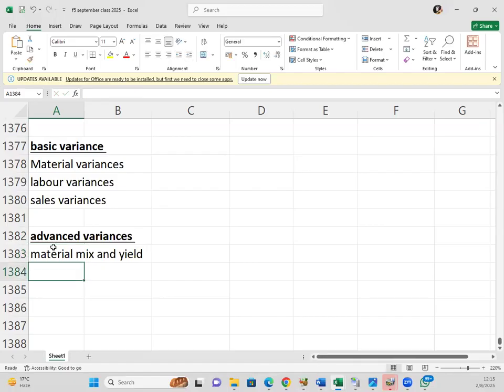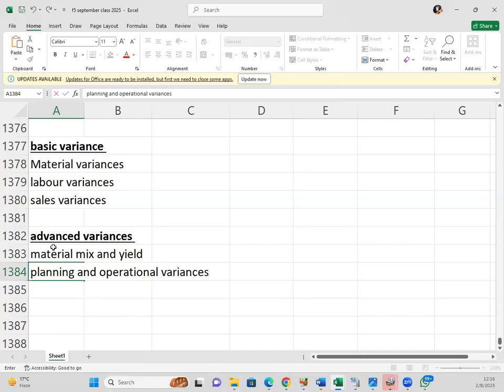For all these, material, labor, and sales, we are also going to talk about the planning and operational variances. So those are the new variances we are going to talk about.